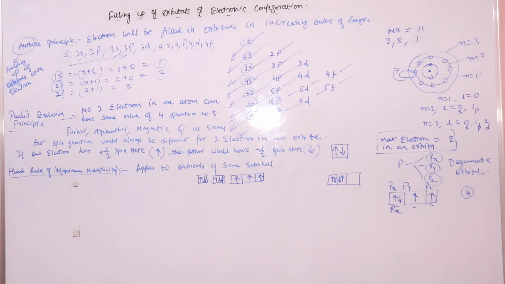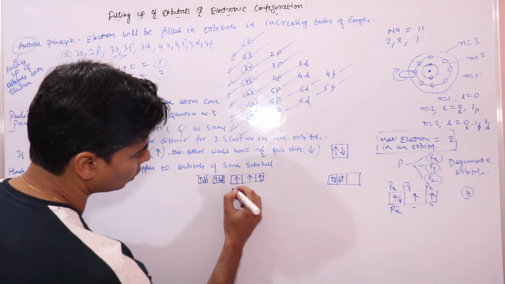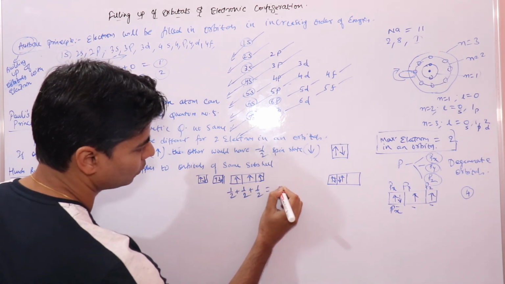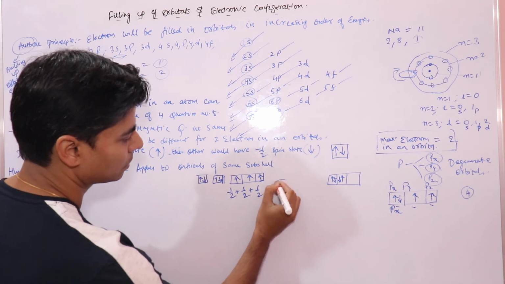Because as per Hund's rule of maximum multiplicity, its total spin should be maximum. The total spin of unpaired electrons is half plus half plus half. It would be 3/2 thus.